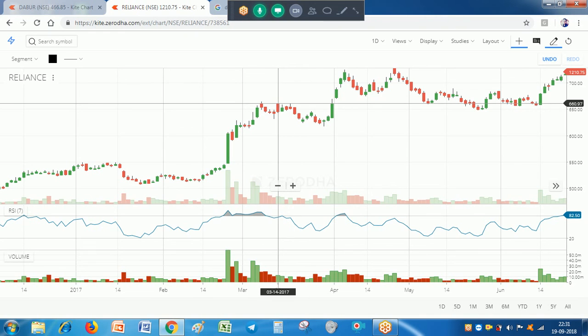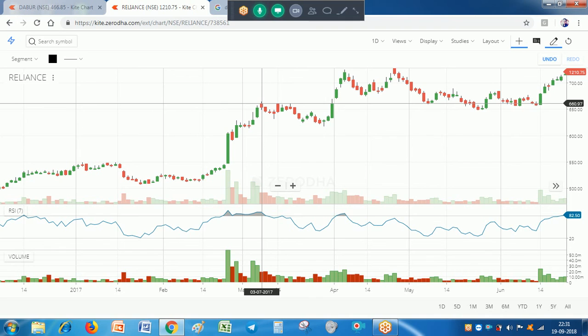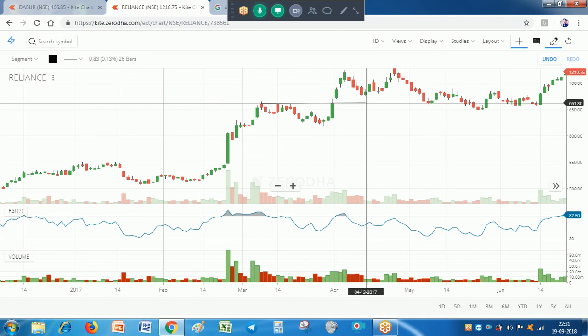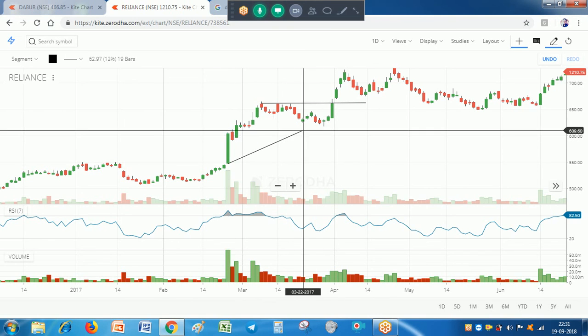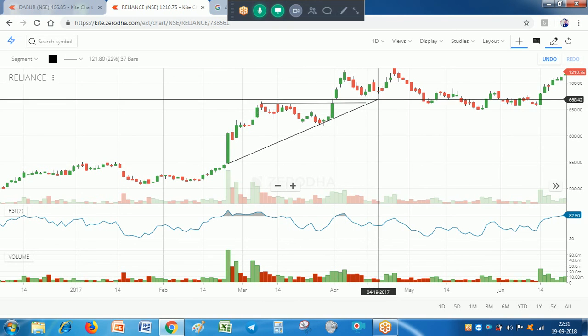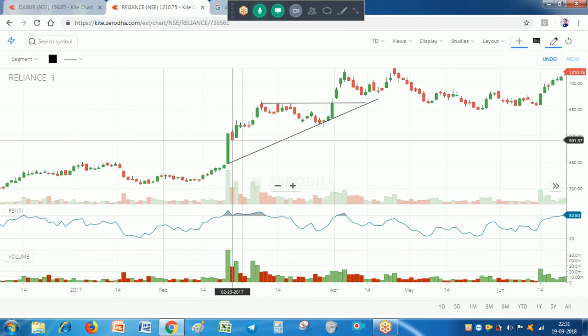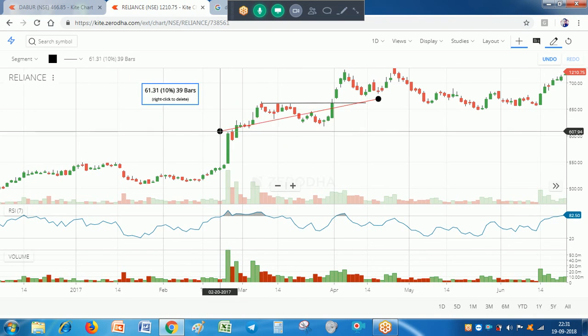See, here was an ascending triangle. Look at this. It was an ascending triangle here. It formed an ascending triangle. Look at this level. Truly it starts from somewhere here. Yeah, I think it seemed like this level.